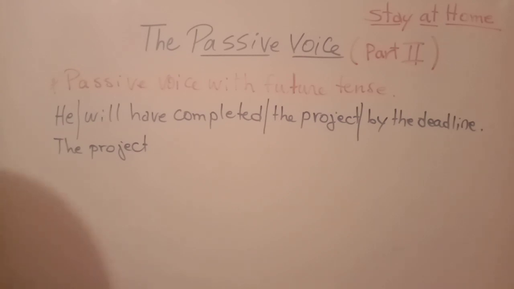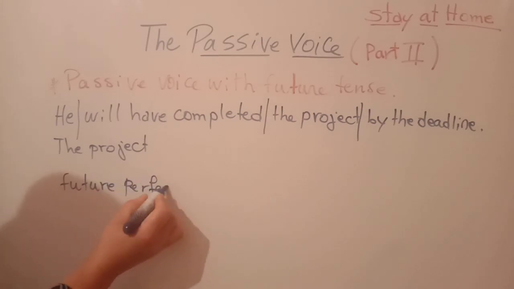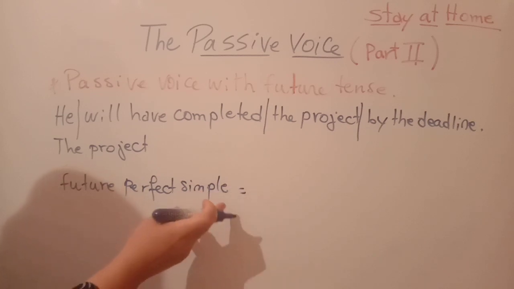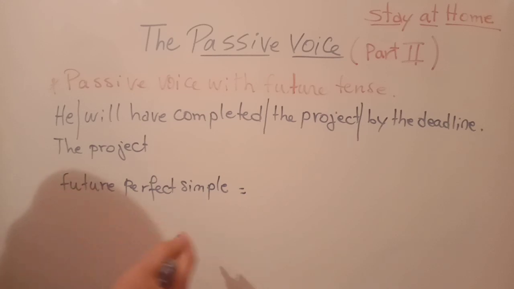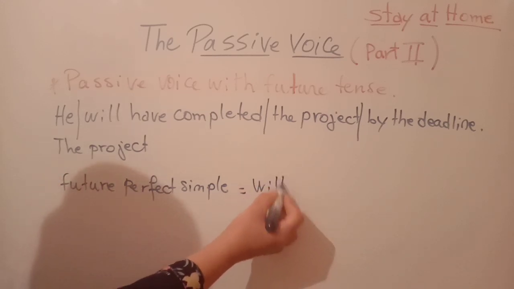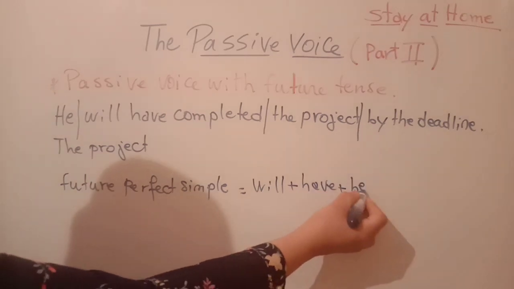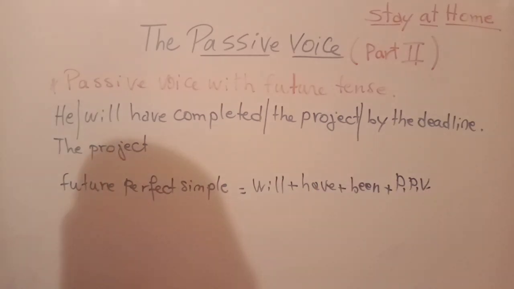So it's the future perfect simple. So when you have the future perfect simple in the active voice, will or won't plus have plus past participle of the verb, it becomes in the passive will or won't plus have plus been plus past participle of the verb.